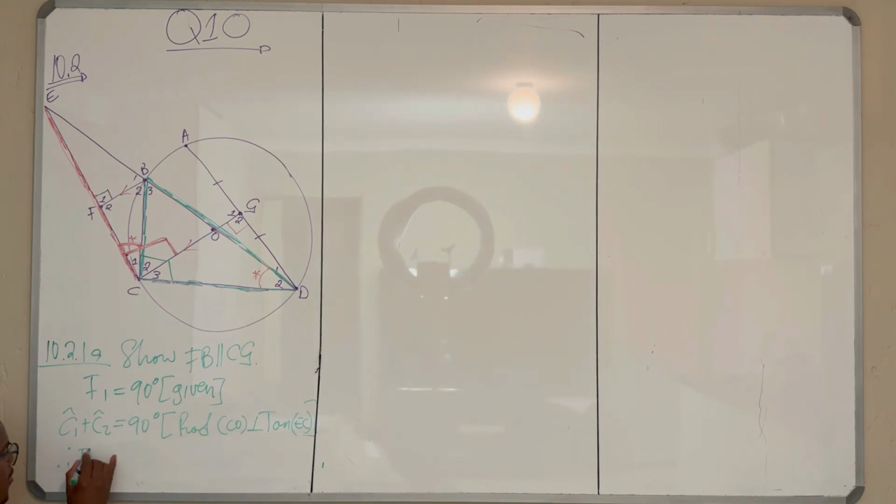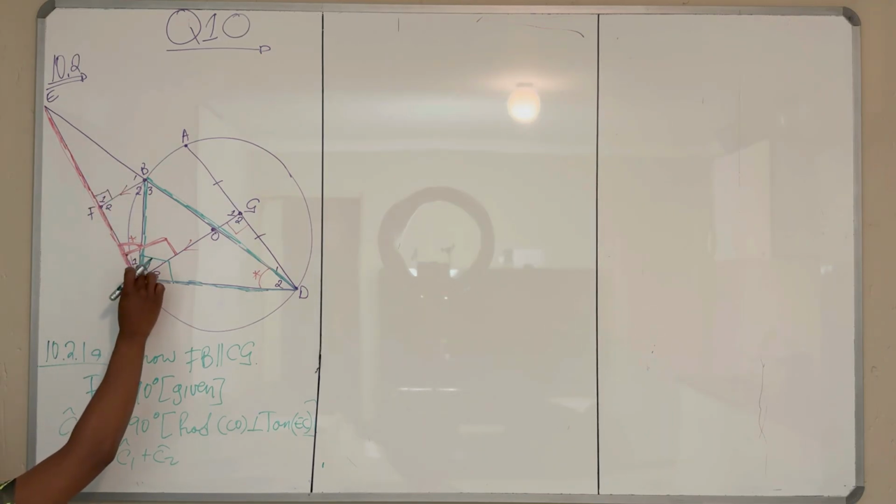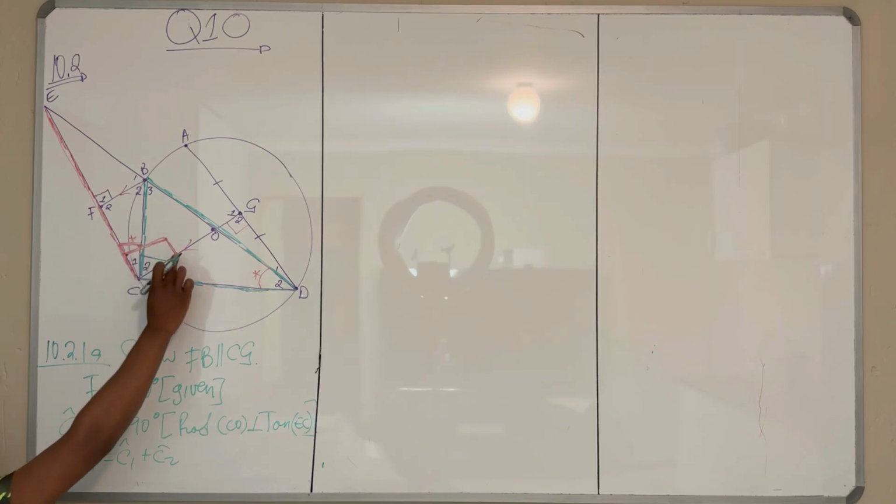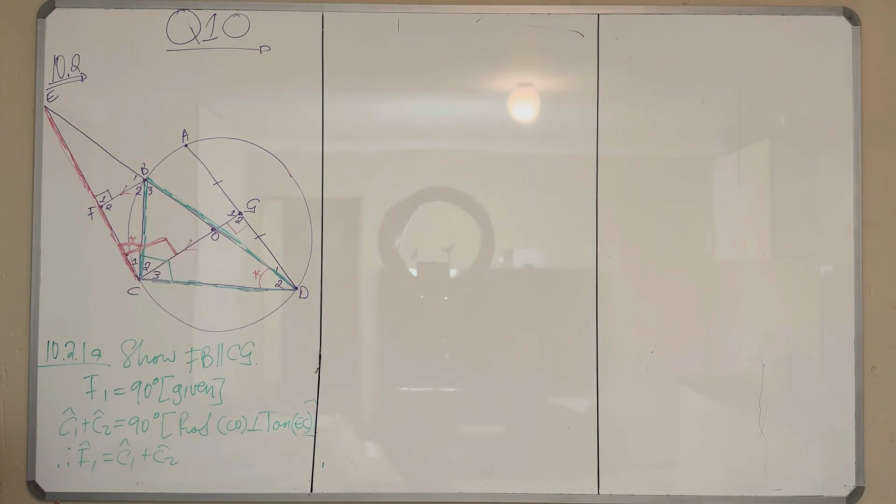Therefore, F1 is equal to C1 plus C2, which is this angle here equal to this angle over here. We can say therefore FB is parallel to CG. Why? Because the corresponding angles are equal. That's one way to go about it. And we are done with 10.2.1a.